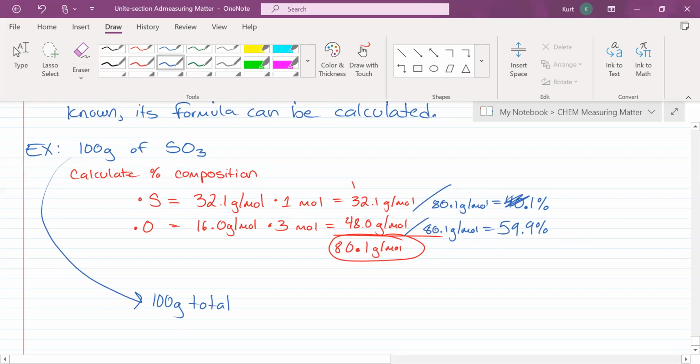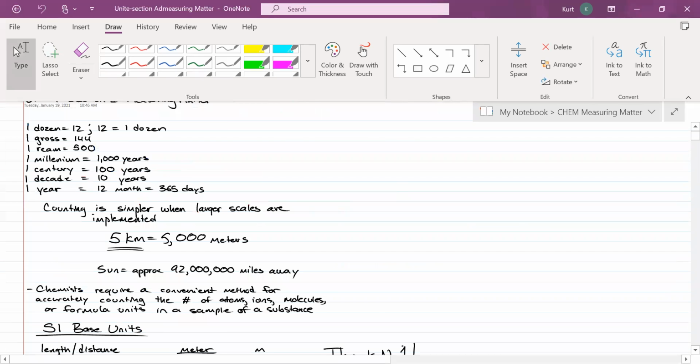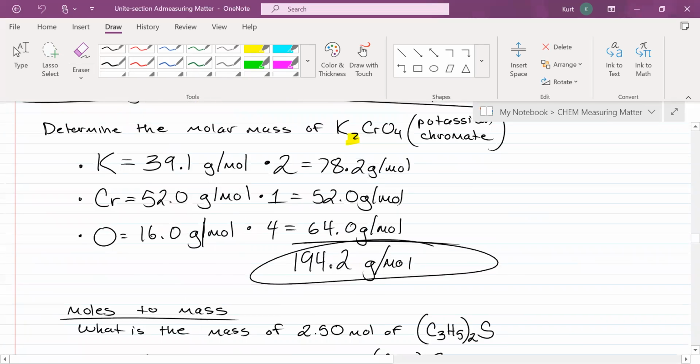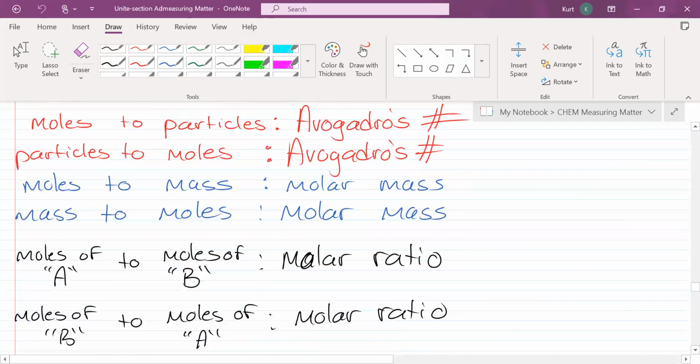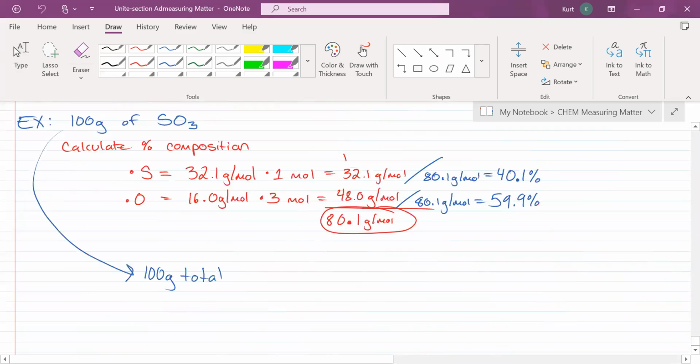If you have 100 grams, man, why is my computer acting weird? Okay, I think I'm good.